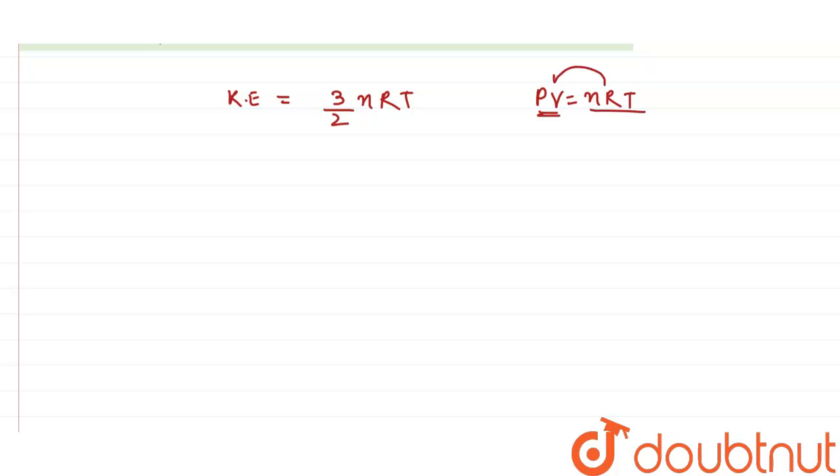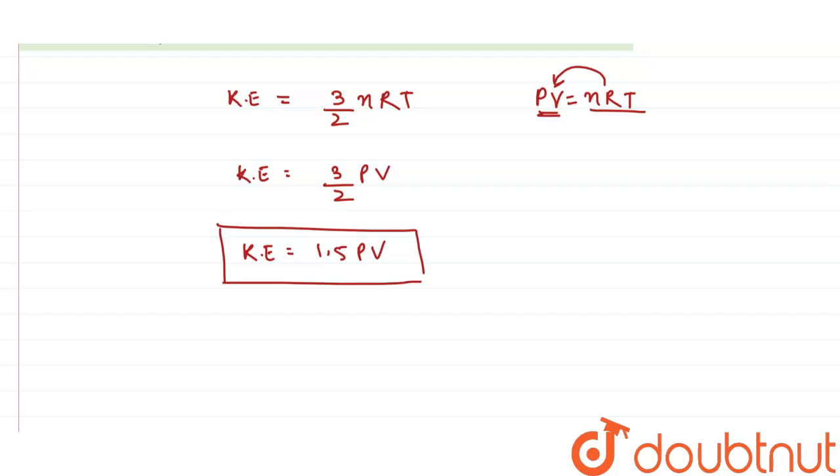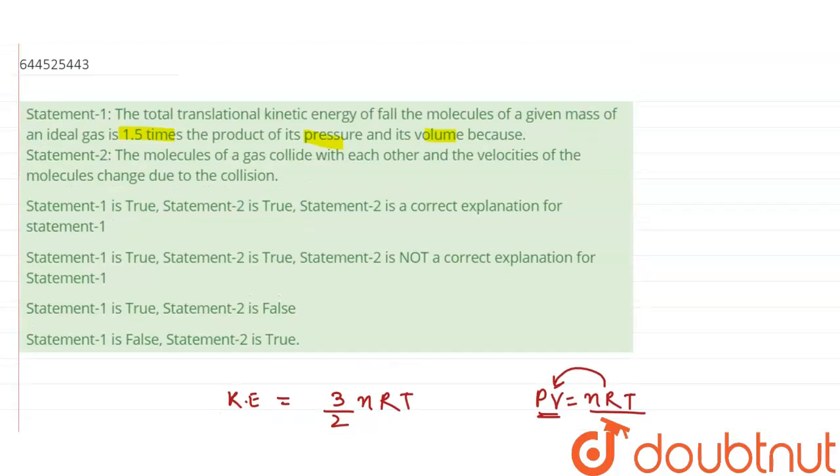In the place of nRT I can put PV. So my kinetic energy now equals 3/2 PV, and I can write 3/2 as 1.5 also. So it is 1.5 PV. That means my kinetic energy is 1.5 times the product of pressure and volume. This means my first statement is true.